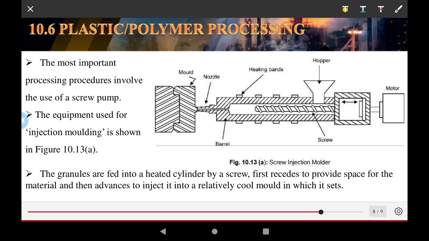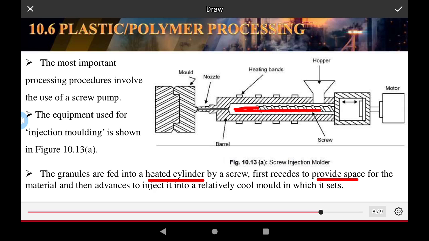The granules are fed into the heated cylinder and heated with the help of the screw. The screw rotates to provide space for the material and advances to inject it into the relatively cold mold.